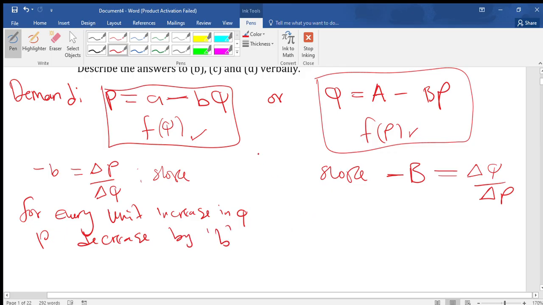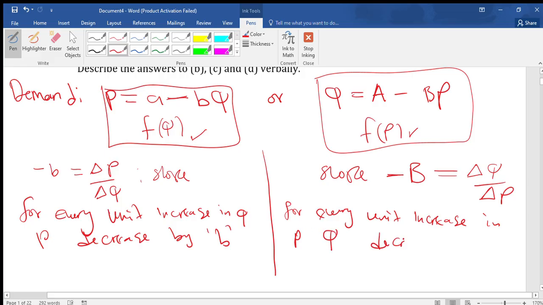But here, we are simply saying for every unit increase in P, Q will decrease by B units. That's what it means. So the slope can be explained in that manner.